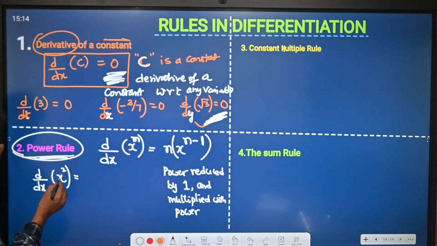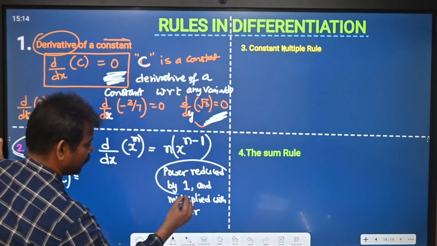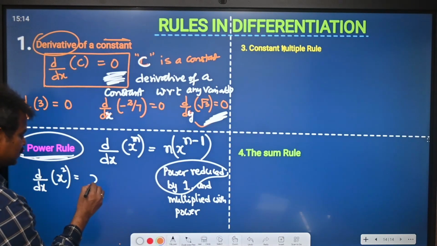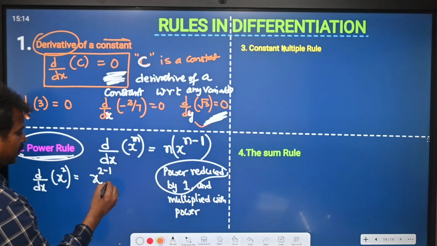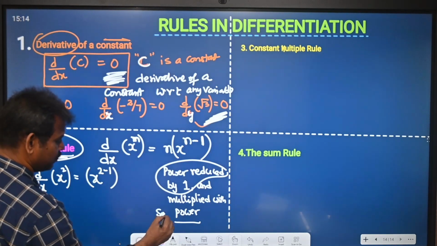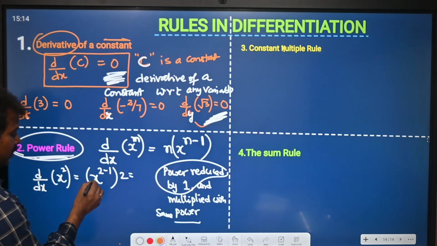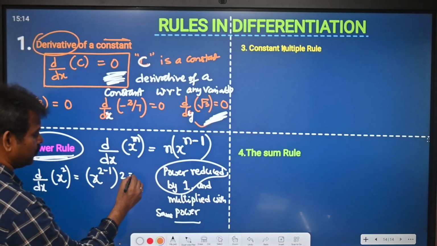So here, x square. The first step is to reduce the power by 1, so this will become x power 2 minus 1, and multiply this with the same power. Here the power is 2, so 2. The answer is x power 2 minus 1, that is x power 1, into 2.